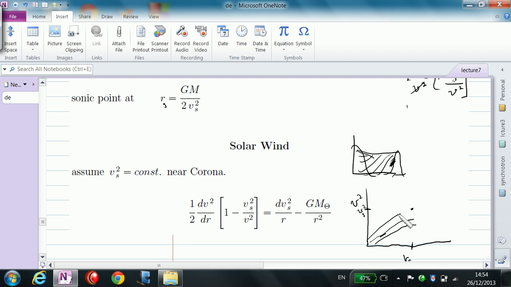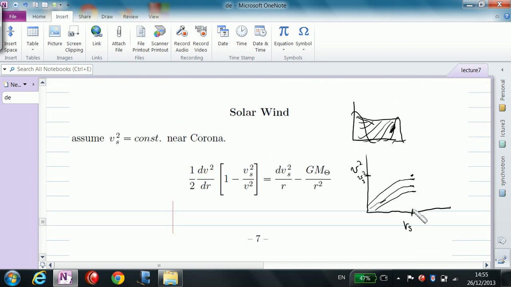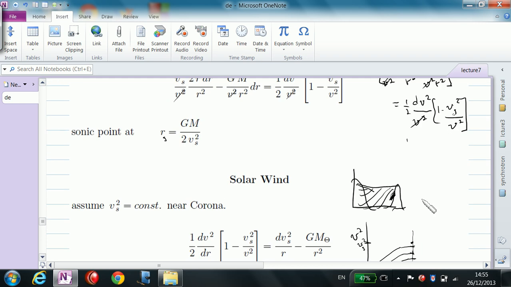Now, the slope has to go to 0 if the left-hand side goes to 0 and the right-hand side doesn't, which means I'm crossing this line here. Then these all have to have 0 slope when they cross it.